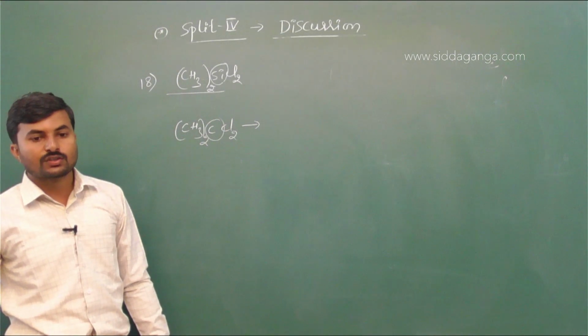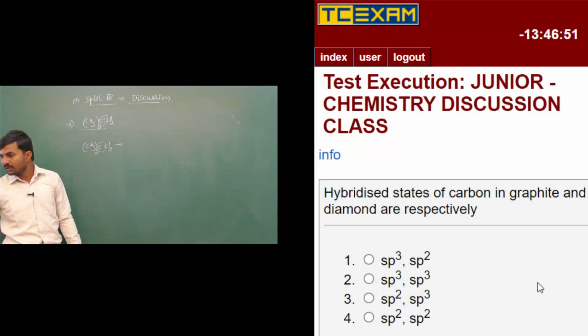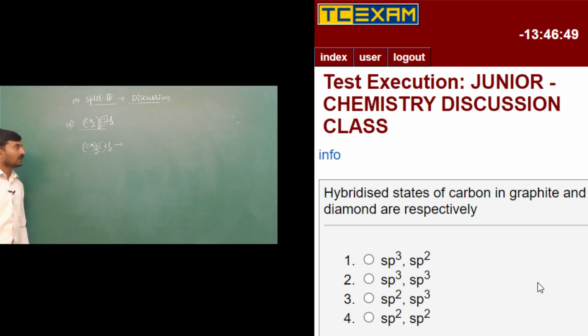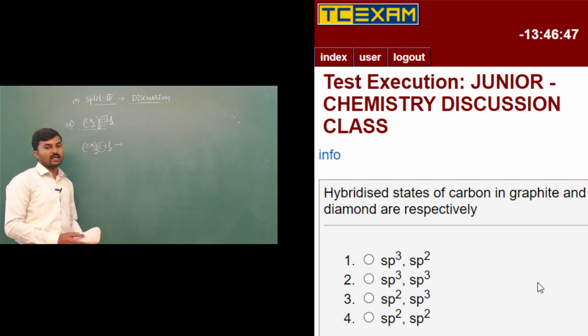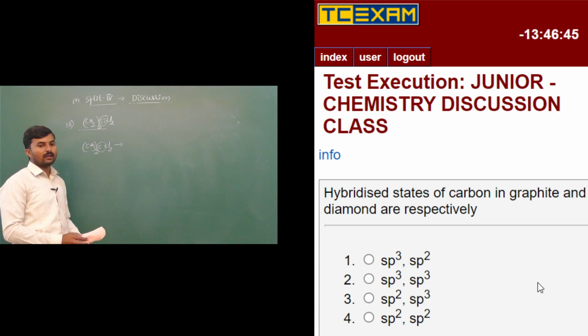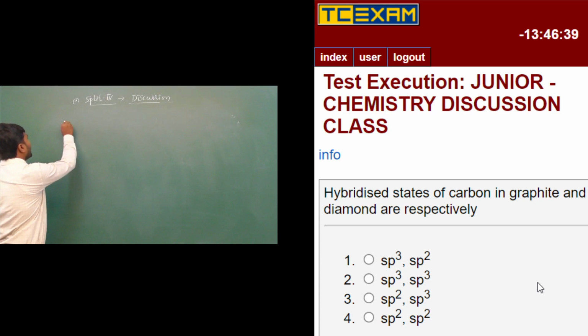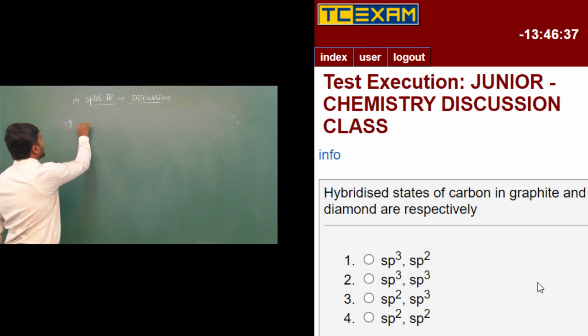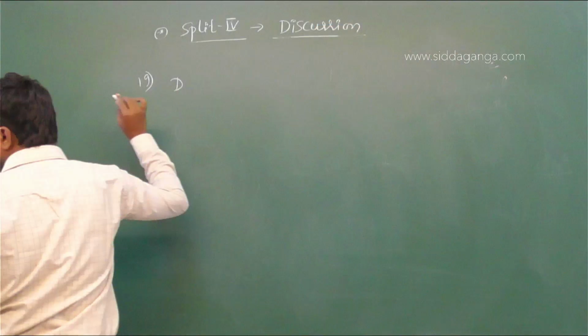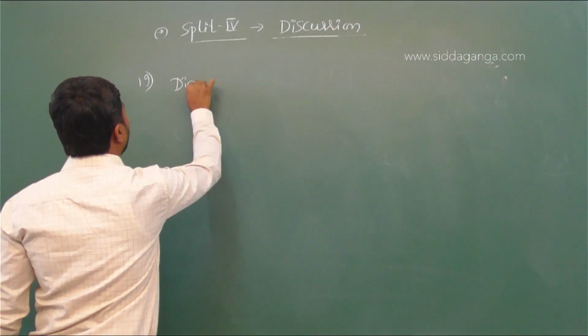Okay, so question number 19. It is a direct question: the hybridized states of carbon in graphite and diamond are respectively. So in diamond and graphite, what is the hybridization of carbon?